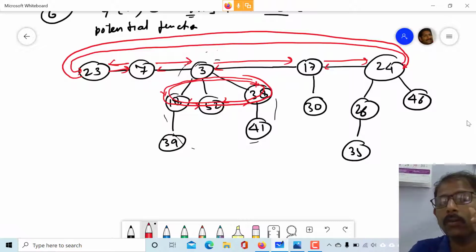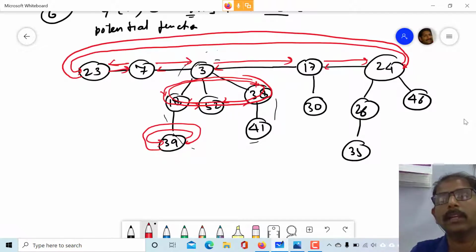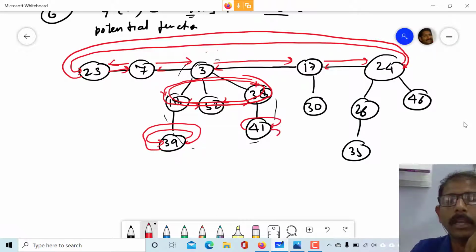The rule is saying that only siblings can be connected. So 39 and 41 are not siblings, so they cannot be linked directly. So 39 will be connected bidirectionally to itself. Likewise, 41 is bidirectionally connected to itself.